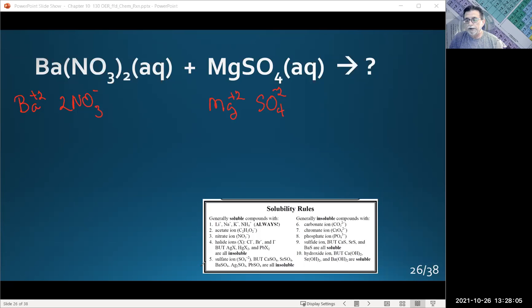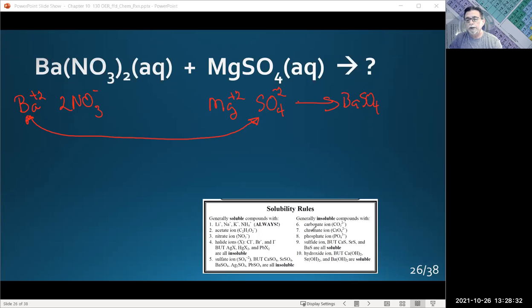So we have everybody in ionic form. Now we simply create the new products. We're going to take the barium and now make the sulfate. Since I have them already in ionic form here, I know what they would be as a new product.